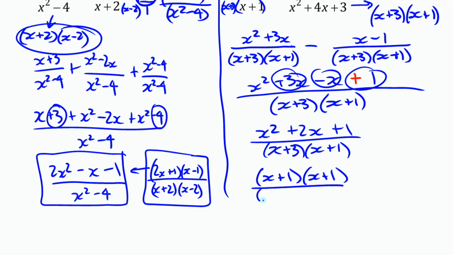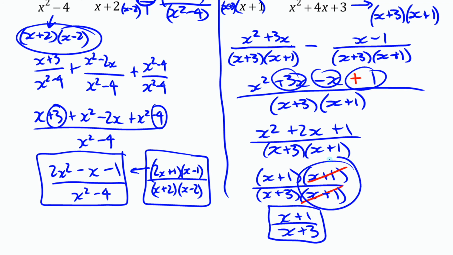The denominator is, of course, x plus 3, x plus 1. So actually, we can eliminate one of those factors and just be left with x plus 1 over x plus 3. That x plus 1 is a common factor, and you can reduce it just like any other rational expression that has common factors. All right?